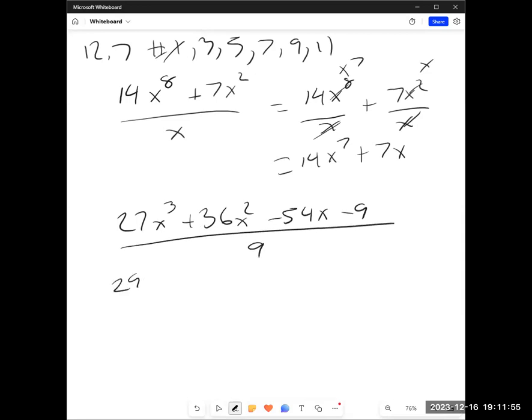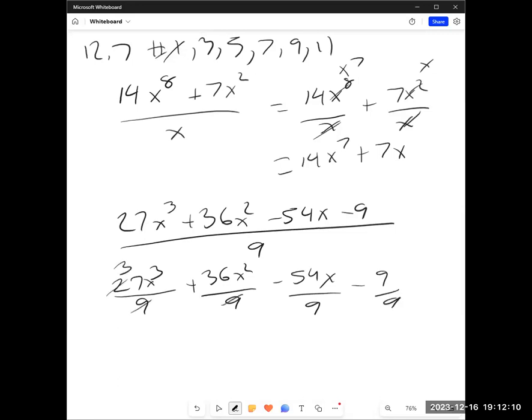So this is going to be 27x to the 3rd over 9 plus 36x to the 2nd over 9 minus 54x over 9 minus 9 over 9. 9 goes into 27 3 times, into 36 4 times, into 54 6 times, and into 9 1 time, making this 3x to the 3rd plus 4x to the 2nd minus 6x minus 1.